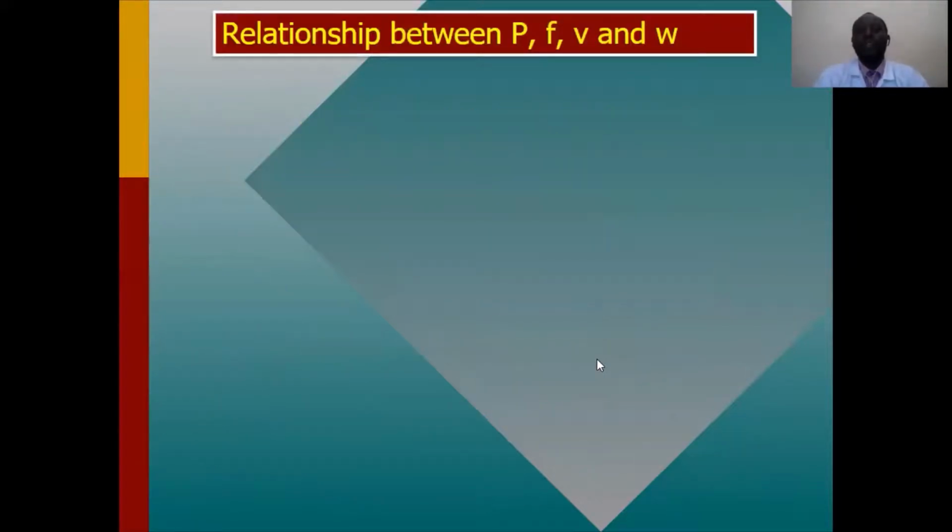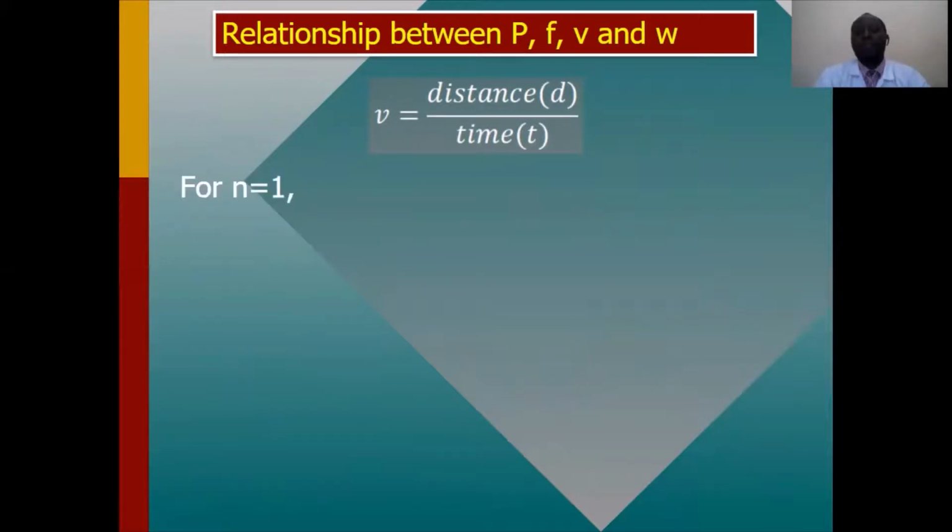Relationship between period, frequency, linear velocity, and angular velocity. By definition, linear velocity is equal to the distance divided by time. For 1 turn, meaning n equal to 1, the linear distance moved by the object is equal to the circumference.